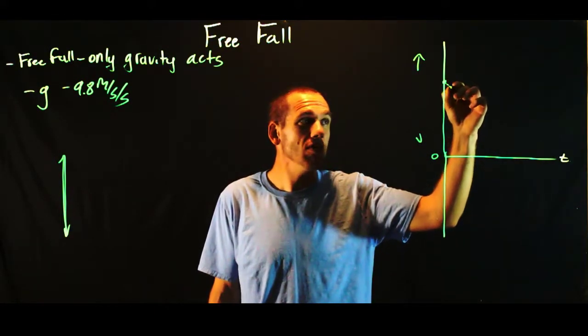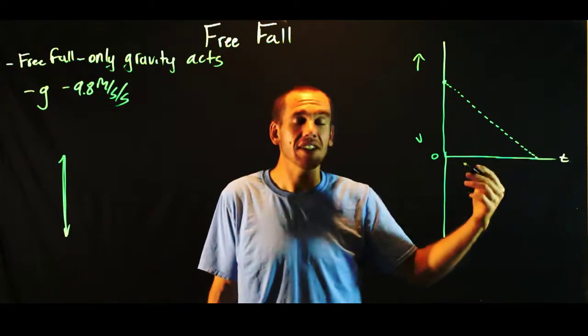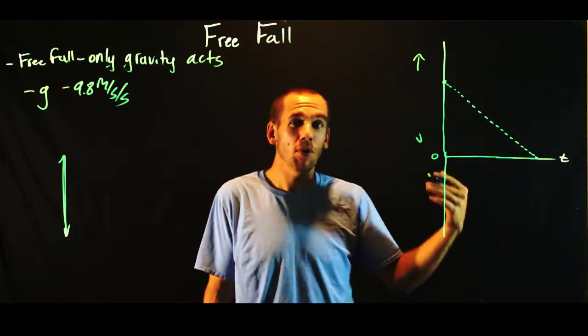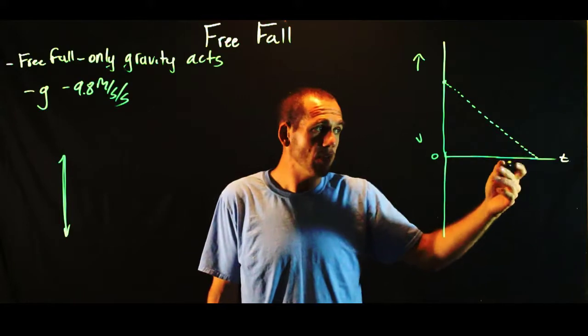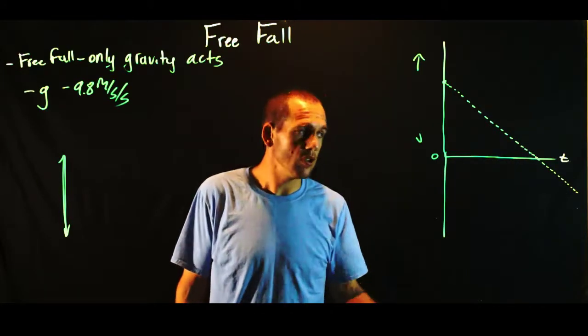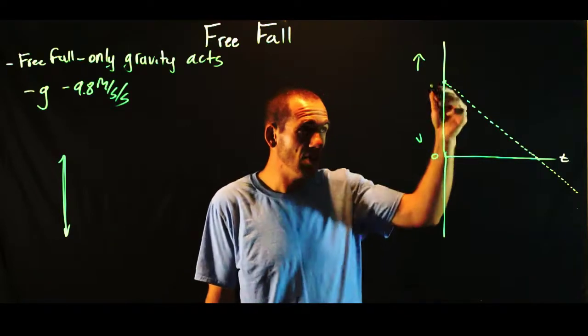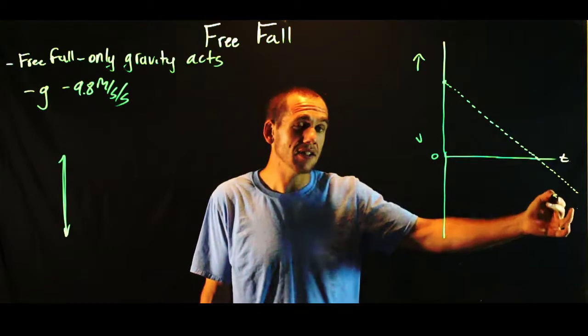As it continues to move up, it gets slower and slower until it reaches its highest point. At its highest point, it stops for just an instant in time, and then it reverses direction and continues to accelerate down towards Earth, this time getting faster. So this line shows a reverse in direction, but it's got a constant slope because it's got a constant acceleration.